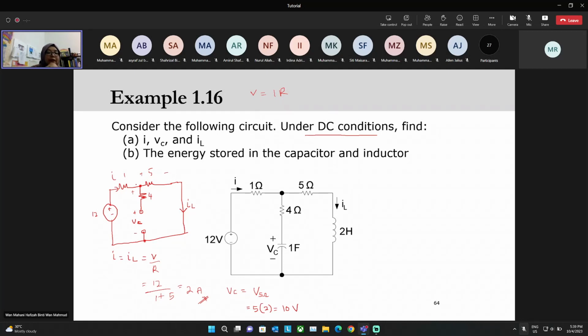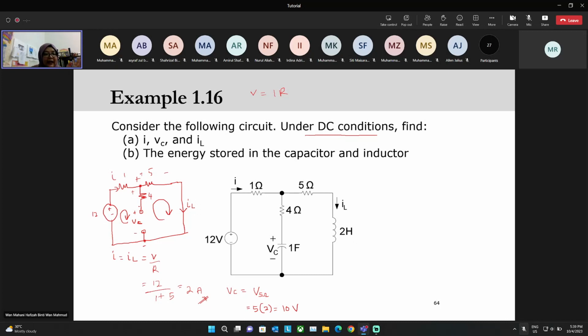Ataupun kalau you confused, you boleh buat mesh analysis lah. Kat sini, belah sini ataupun belah sini. Okay, tapi belah sini, 4 ni jangan kira lah sebab 4 ni you abaikan, dia open circuit so dia tak ada. Basically VC ni adalah from here to here, dia tengah-tengah.